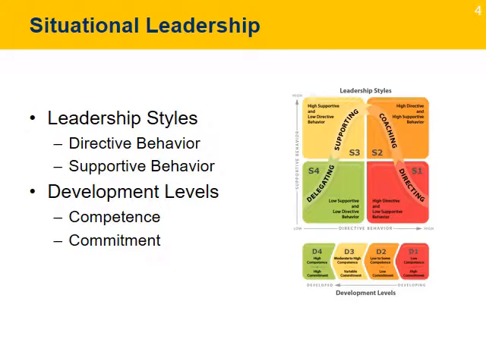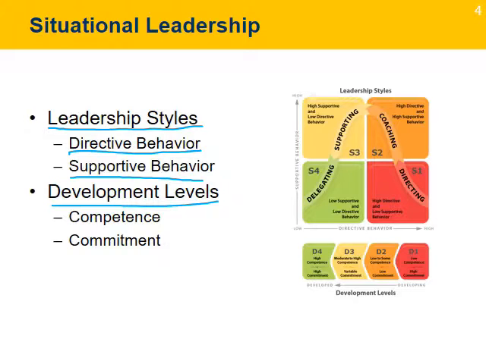The leadership model consists of two parts: the leadership styles and the development levels of the team. The leadership style is composed of two dimensions: directive behavior and supportive behavior, each applied appropriately in a given situation.